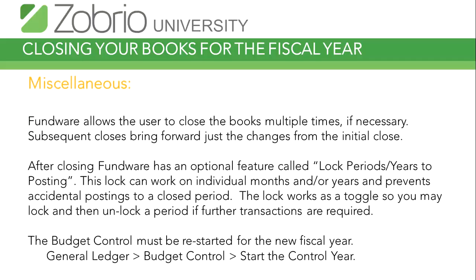Okay. And then finally, just something to mention here is for those clients that use the budget control functions in the general ledger, this budget control must be restarted at the start of each new fiscal year. And to do that, you go into your general ledger, you go to budget control, and start the control year. The system will ask for an ID type, and it will ask which fiscal year you're restarting.